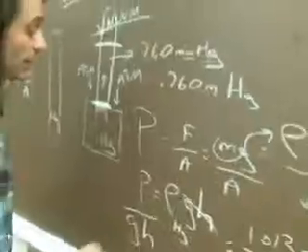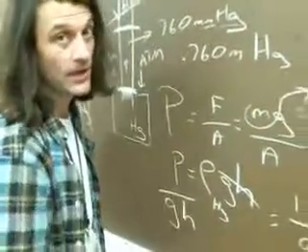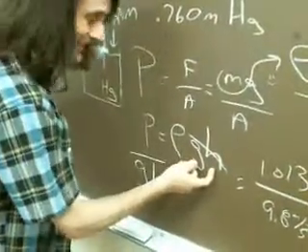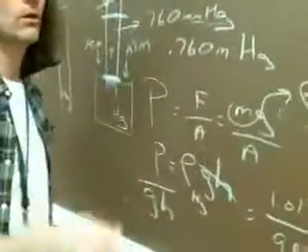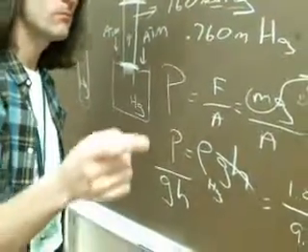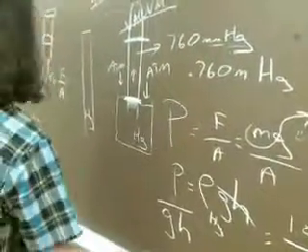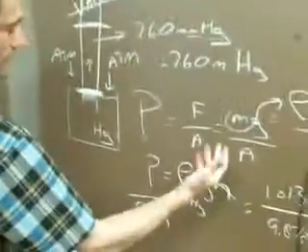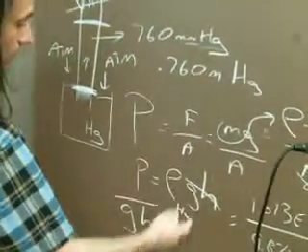But what I could ask you then, instead of asking you the density of high quality H2O, because that's something you already know, I could ask you how tall or how high that column of H2O would be. Then we would use the exact same formula. I'll just rearrange it. Instead of pressure being rho g h, it'll be h equals pressure divided by rho g.